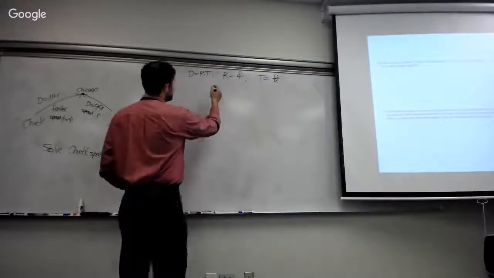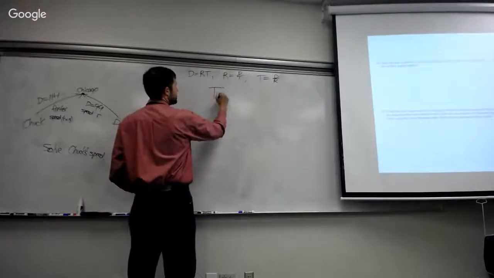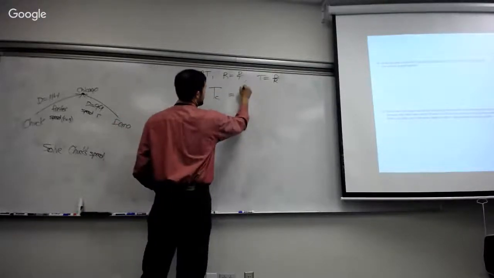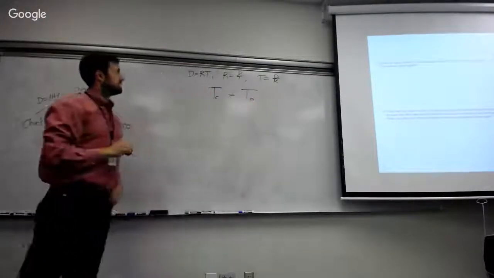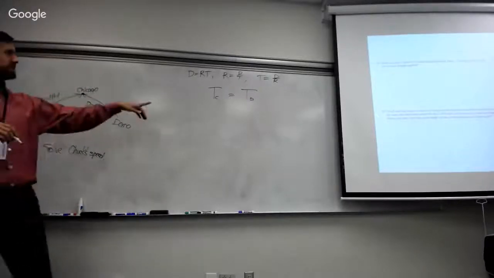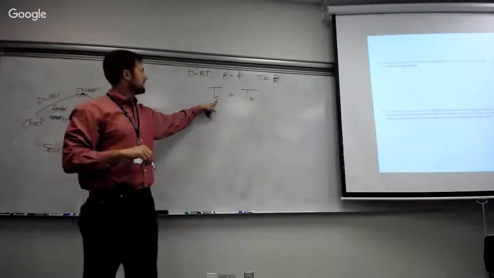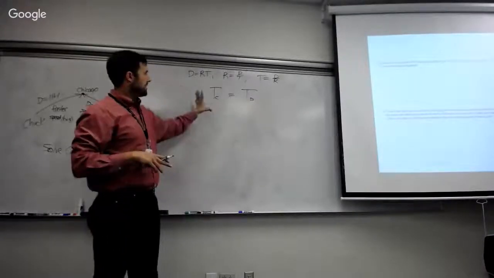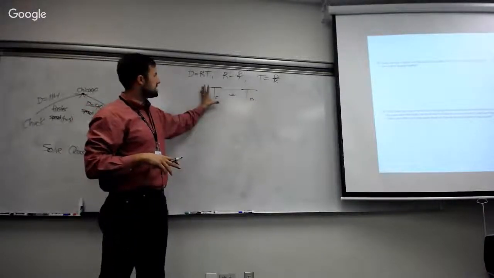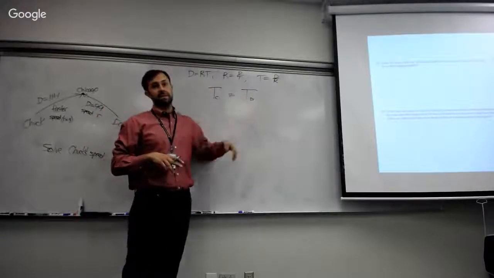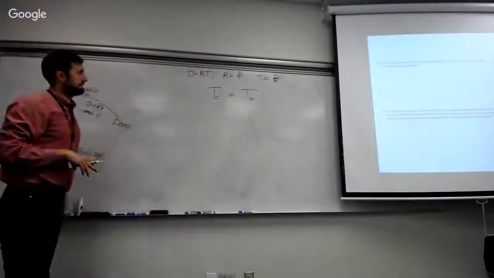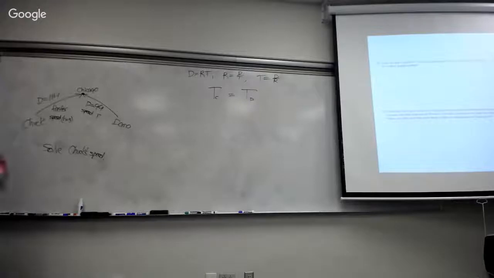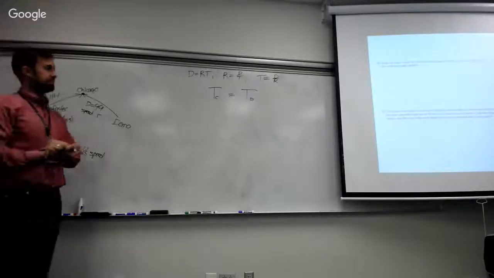We're going to say that the time for Chuck is equal to the time for Dana, the time in the air. I'm using a capital T with a little subscript C for Chuck, and a capital T with a little subscript D for Dana. So the thing we know for sure is that Chuck's time in the air is equal to Dana's time in the air. So that's the starting point of solving this problem.